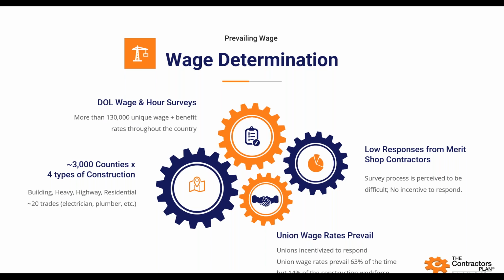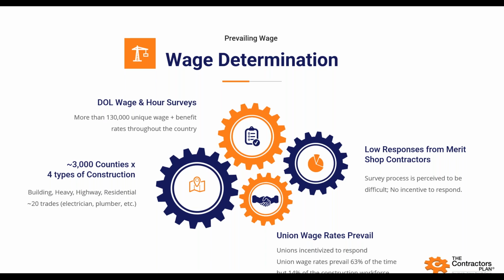And the reason there's so many wage rates is because you're talking about 3,000 different counties and 4 types of construction. So building, that would be like a commercial office tower. Heavy, which is basically the bucket that everything else that doesn't fit into the other 3 fits into. That'd be things like dams or something like that.